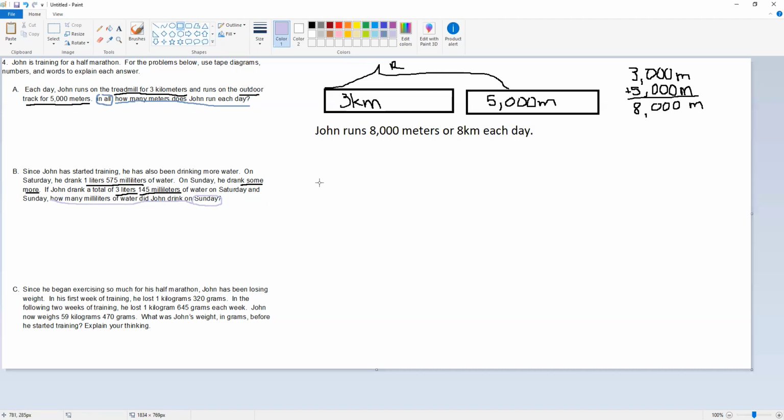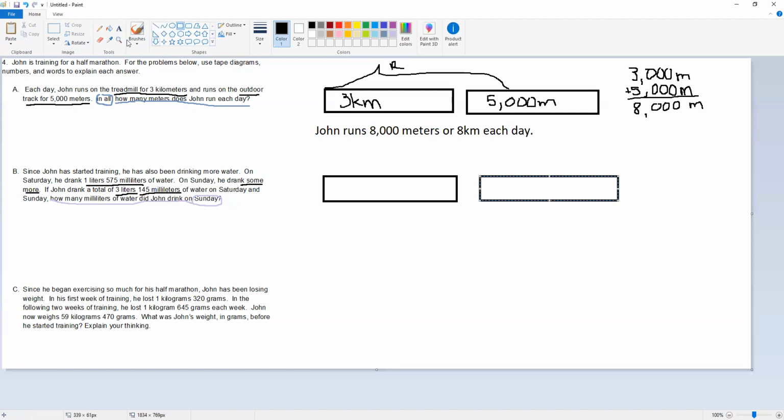So we know, let's make 2 of these. And then, okay, so what we do know is on Saturday, how much he drank. So this one can be Saturday. And we'll put 1 liter, 575 milliliters.